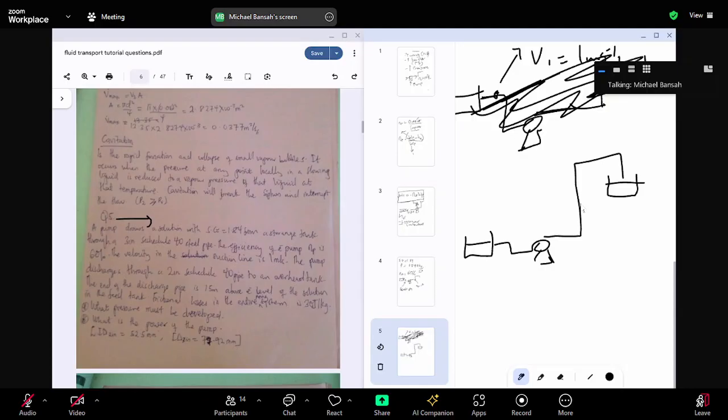So the position of this tank, in which we are sending or discharging the fluid, is 50 meters above the feed solution. Now this is the feed tank, and the solution is in there. Follow my short dashes.